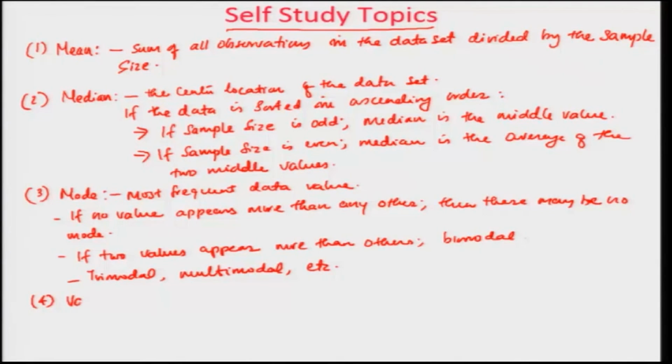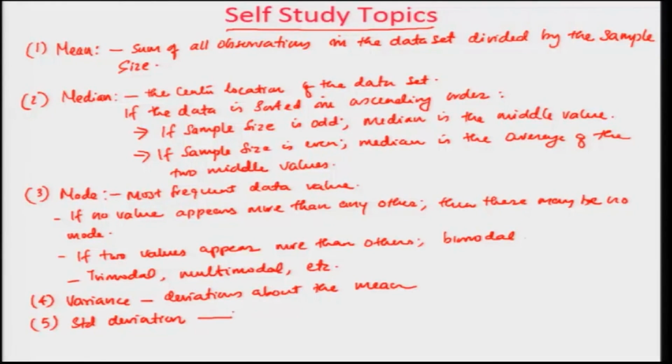Okay. Then you have what is called variance. That is the deviations about the mean. You have to study that. 5 will be standard deviation.